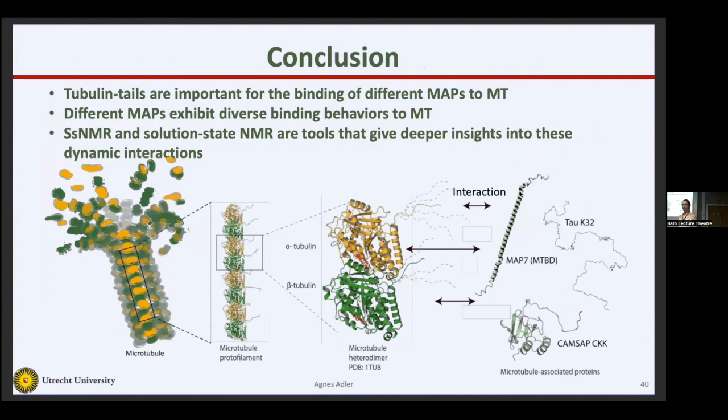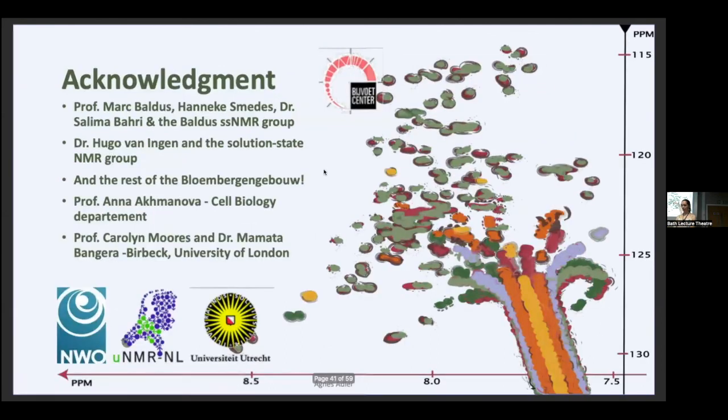And solid state and solution state NMR are tools that give deeper insight into these dynamic interactions. But of course, there's quite a lot to study, and there are quite some experiments that we still want to do for this project.